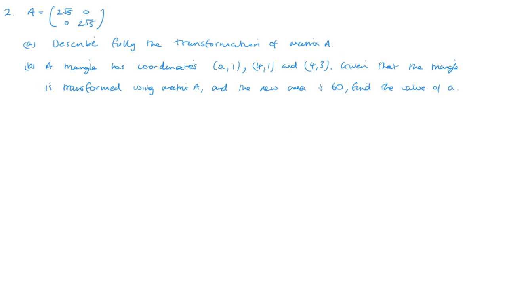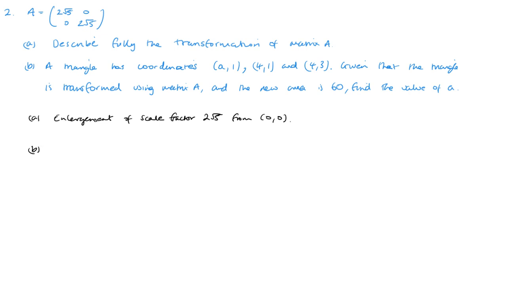Okay, question 2. Describe fully the transformation of matrix A. Now, in this one, both A and B are the same size, so it's not a stretch, it's an enlargement. Enlargement of scale factor 2√5 from the origin.